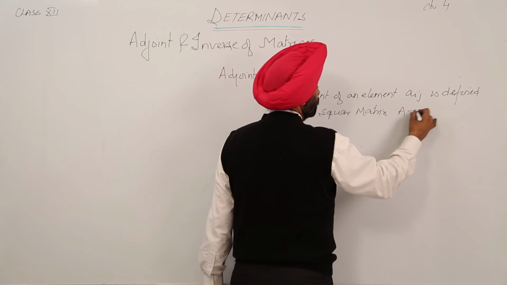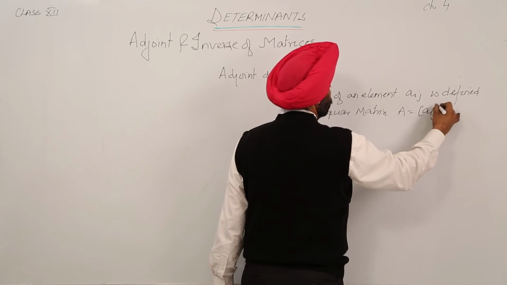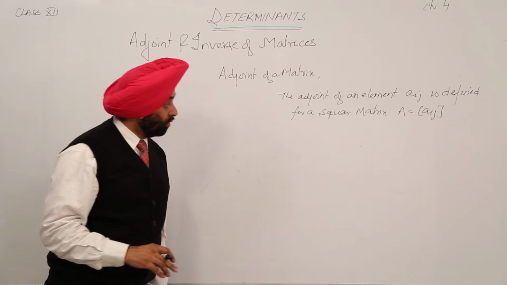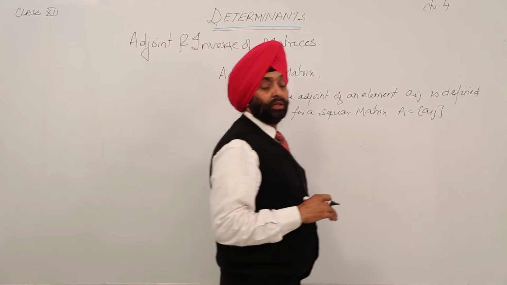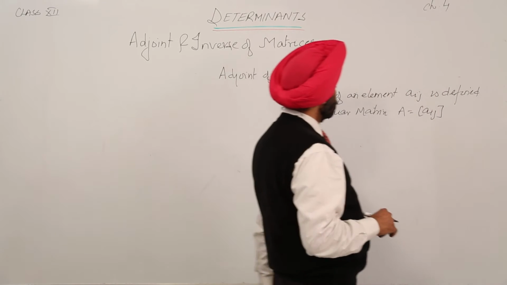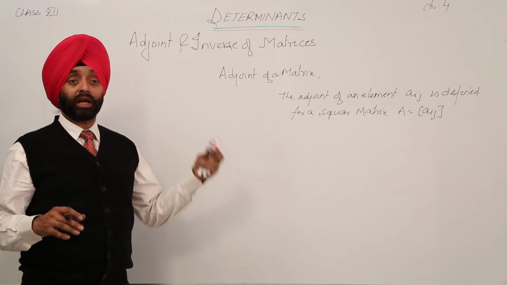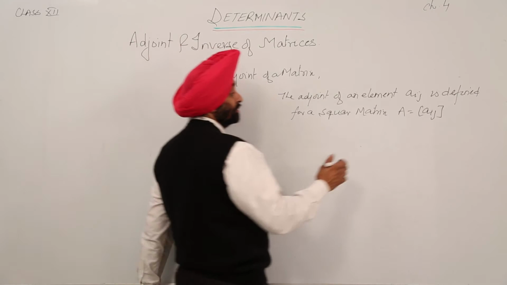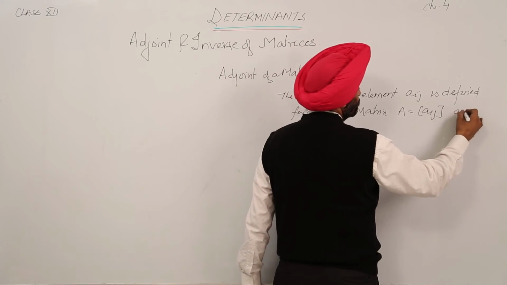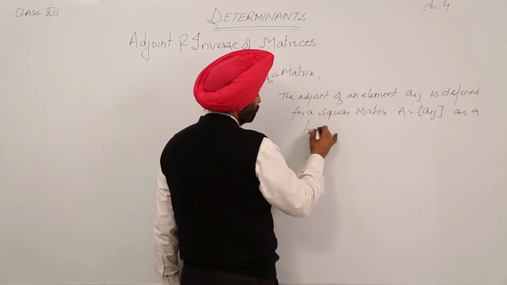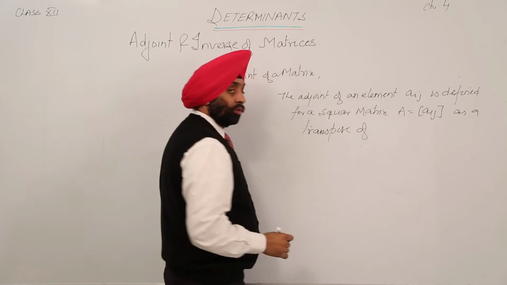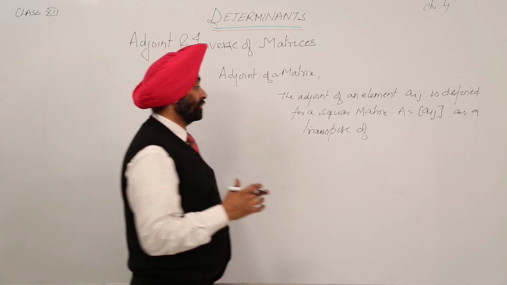Now we have A equal to [Aij]. The adjoint of an element Aij is defined for a square matrix as the transpose of the given matrix.